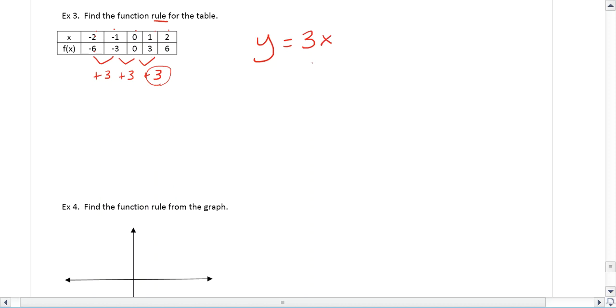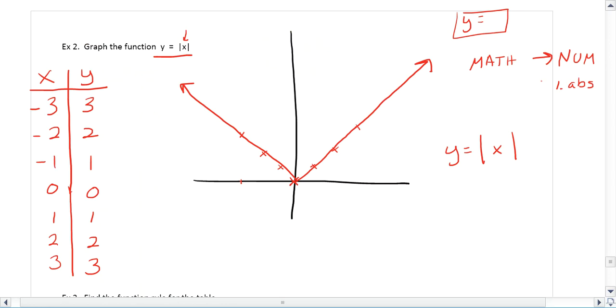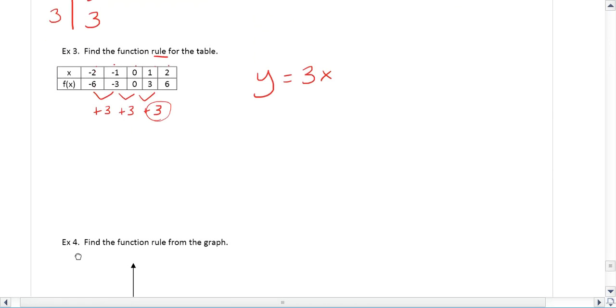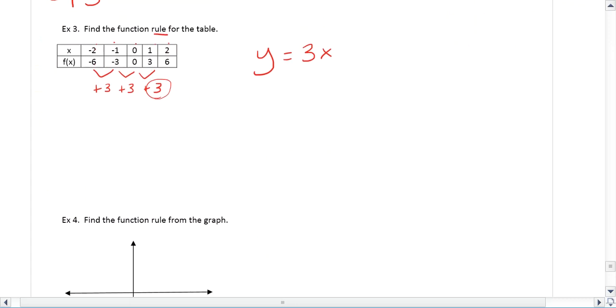Now, this can be very frustrating if you don't see the pattern and you don't know what it is. And that's why we had the discussion in the last section on the regression lines. I wanted you to have another option.